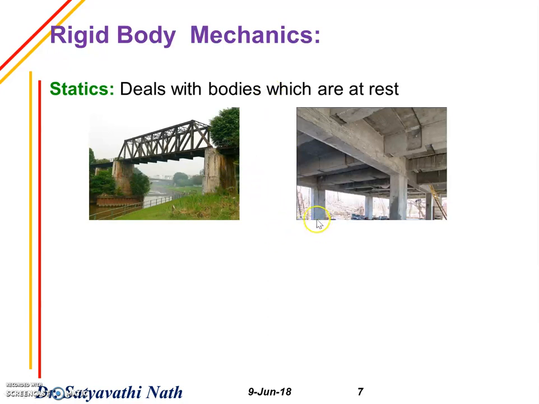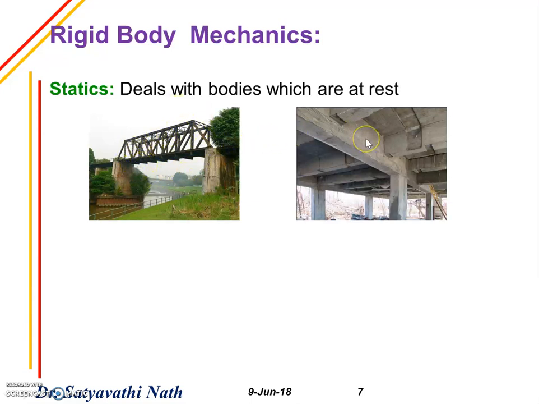What are meant by static objects? Here in this example, you can see the bridge truss shown here or the roof shown here are the objects which are at rest even under the application of forces. When vehicles move on this, the weight of the vehicles or the vibrations of the dynamic loading of the vehicles act on the bridge truss, even then the bridge truss remains at rest.